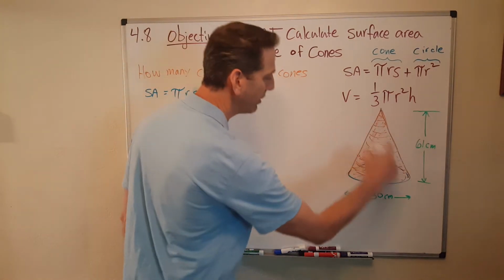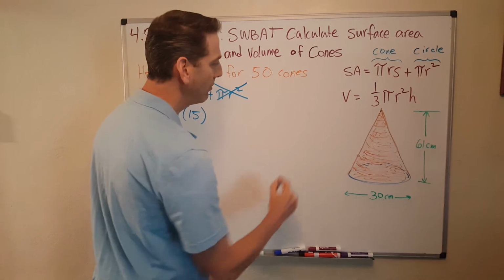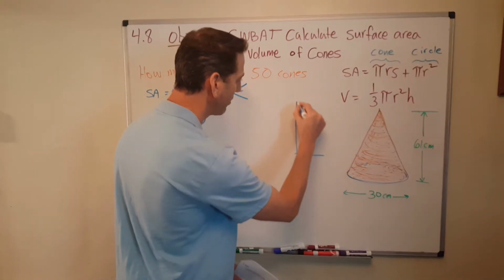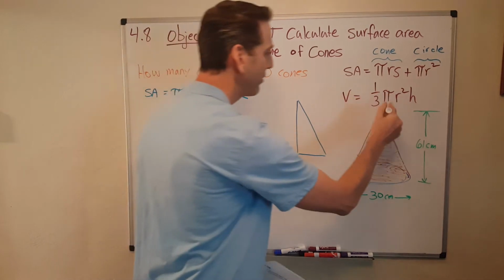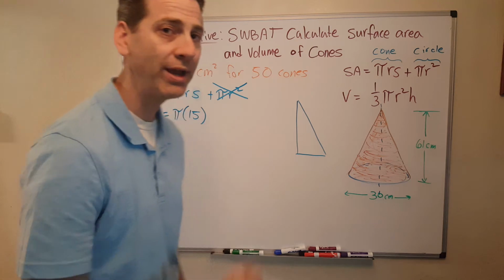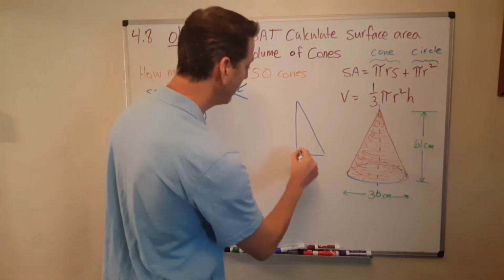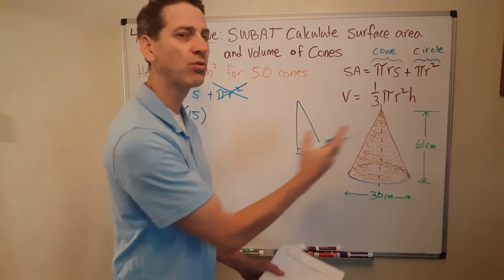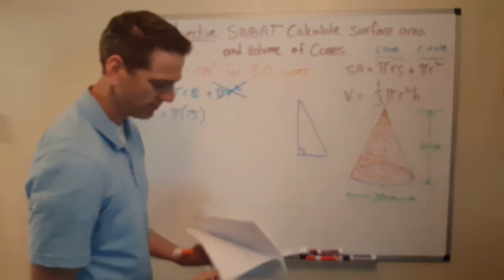What I'm going to do with this cone is make a right triangle. I'm going to cut this cone in half, right down the middle.